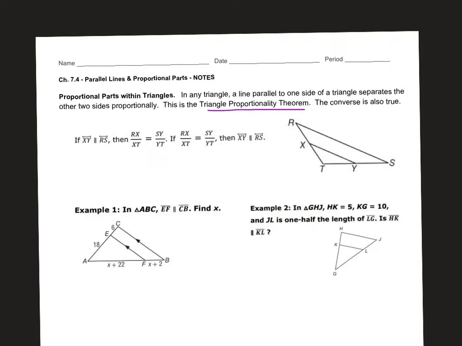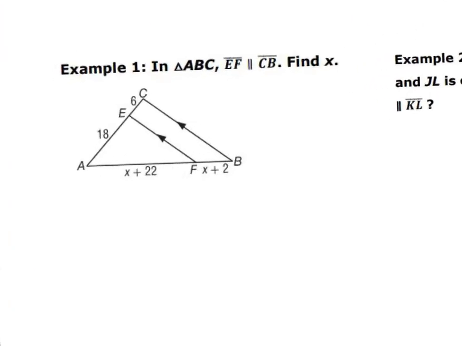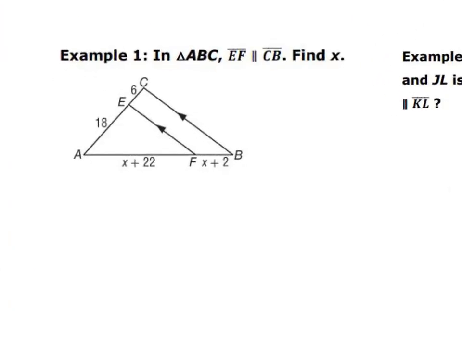So example 1. In triangle ABC, EF is parallel to CB. Find x. So since EF is parallel to CB, we can set up the proportion statement of AF to FB must be equal to AE to EC.